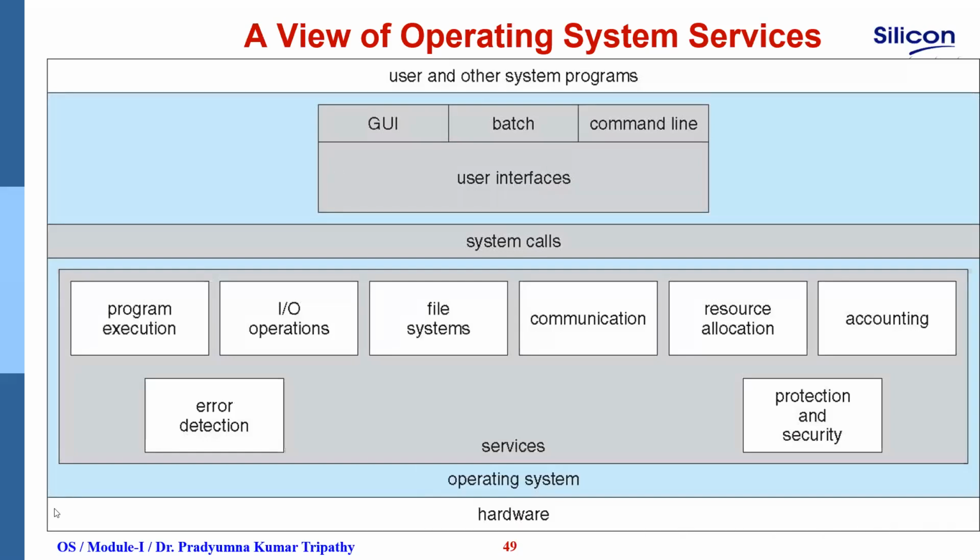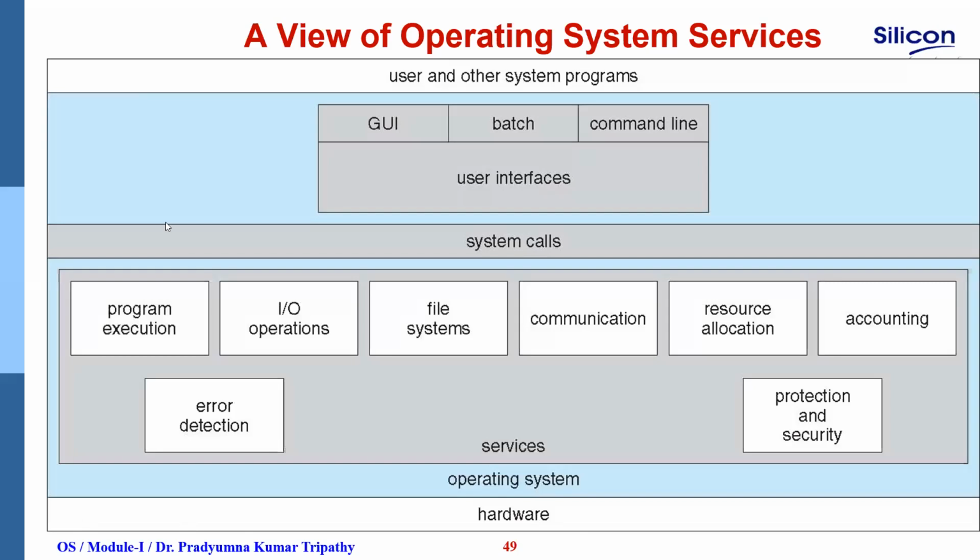This is to be done by the hardware itself at the lowest level. So the lowest level is the hardware, and the user and system programs run at the first or top level. So this user program must interact with the operating system to get the work done through the hardware.